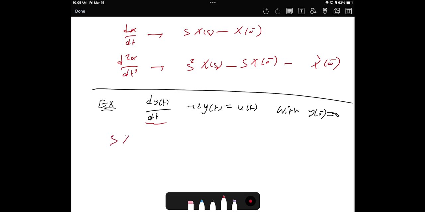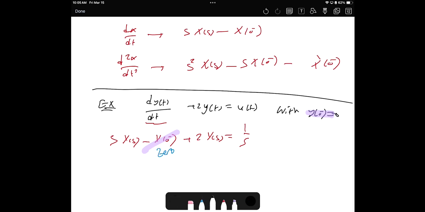It is sY(s) minus y(0-), plus 2Y(s) equals, what's the Laplace transform of u(t)? 1 over s, correct. Now, we know the initial condition is 0, therefore this term will be 0.